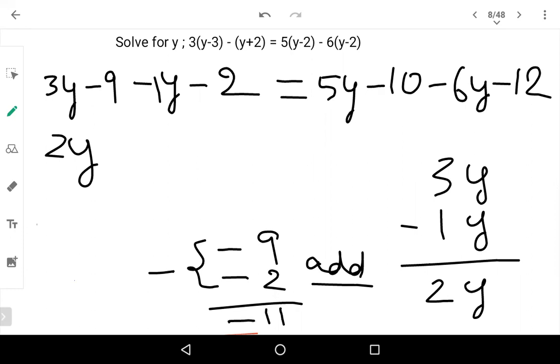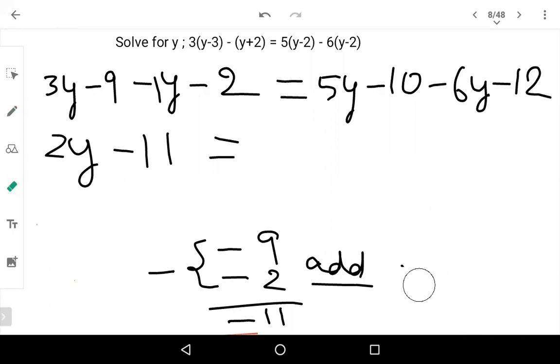So 2y minus 11 is equal to, now let us simplify the other side. On the other side you have 5y minus 6y. What do you get? One is plus, the other one is minus.